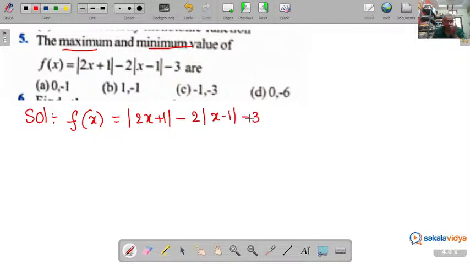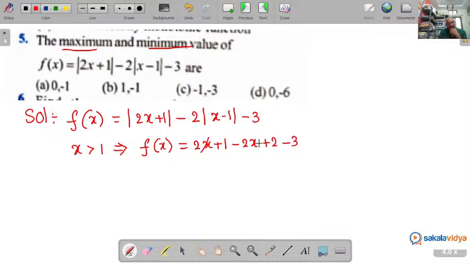So first, my dear students, first of all, let us write now, for example, if x greater than 1, first you decide, then what will happen? Function f of x becomes 2x plus 1, minus 2 times of x minus 1, minus 2x and plus 2 and minus 3.